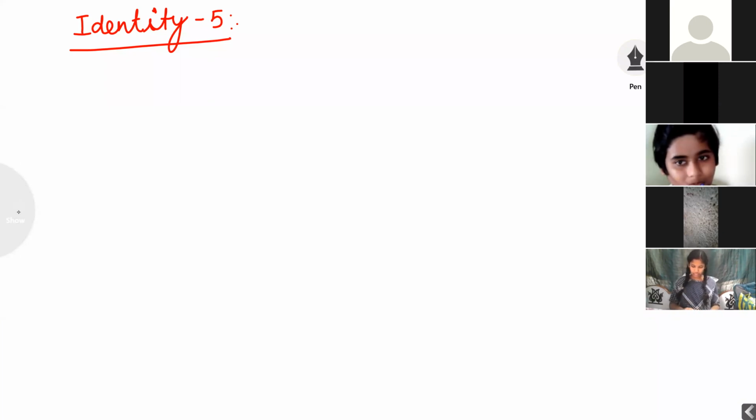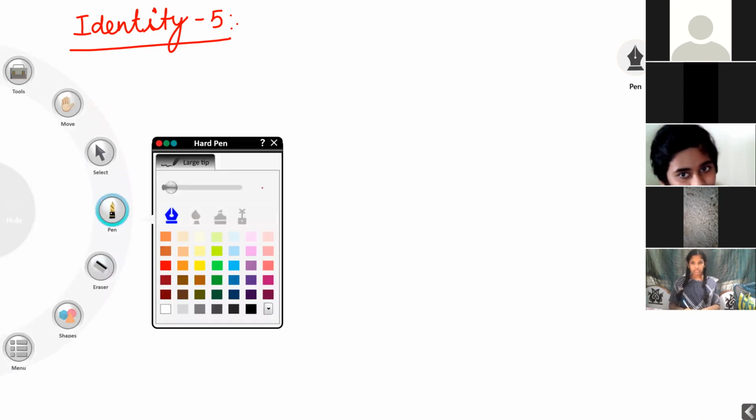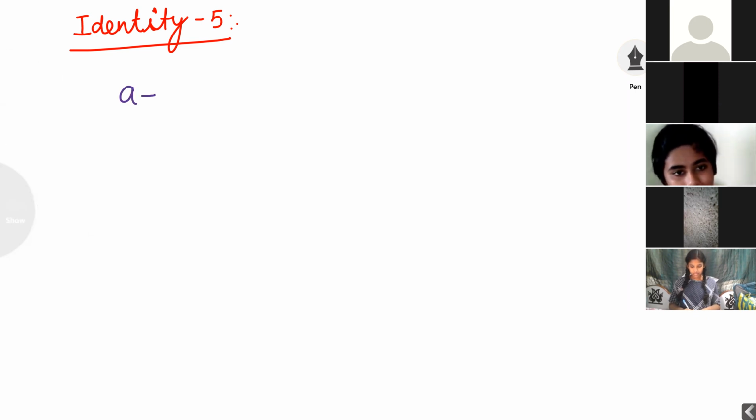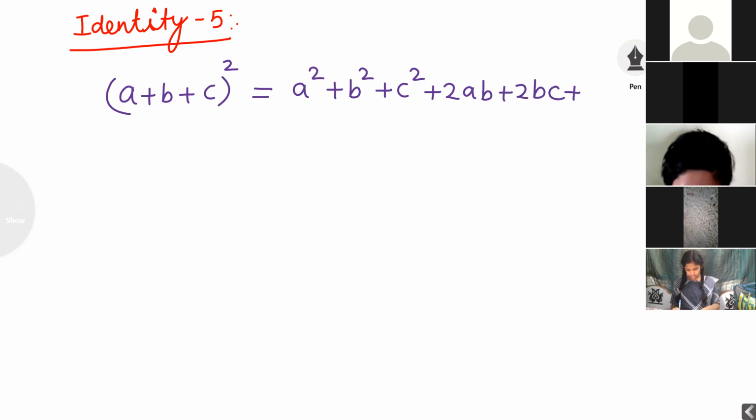A plus B plus C whole square is equal to, what is identity 5? A plus B plus C whole square is equal to A square plus B square plus C square plus 2AB plus 2BC plus 2CA.